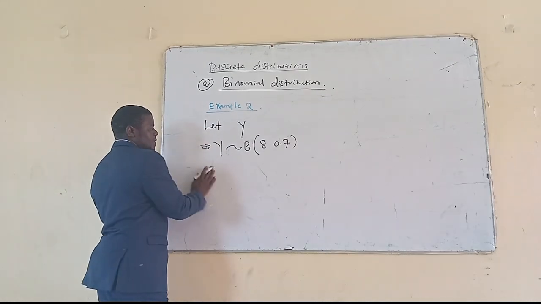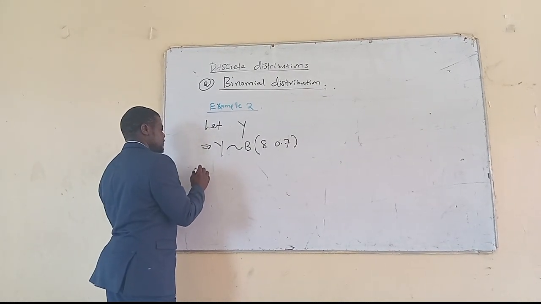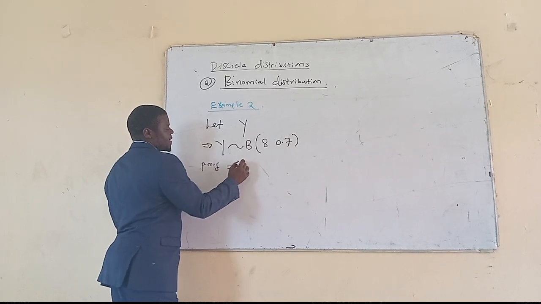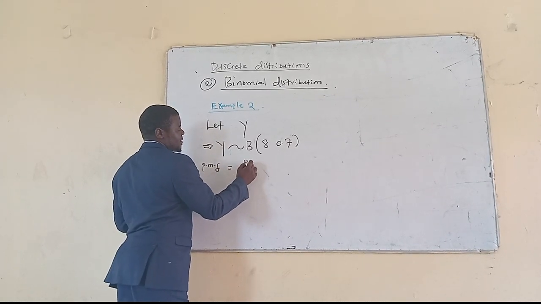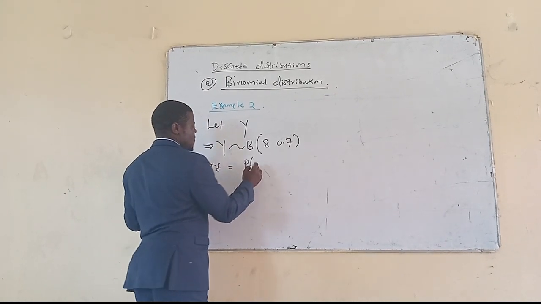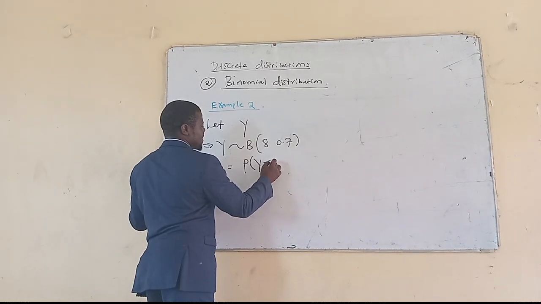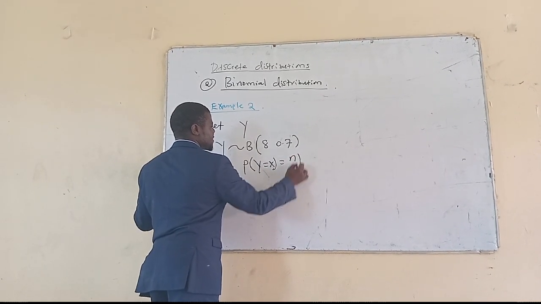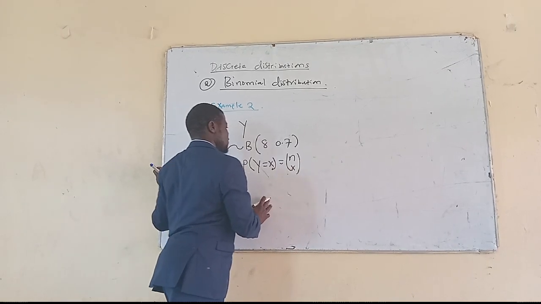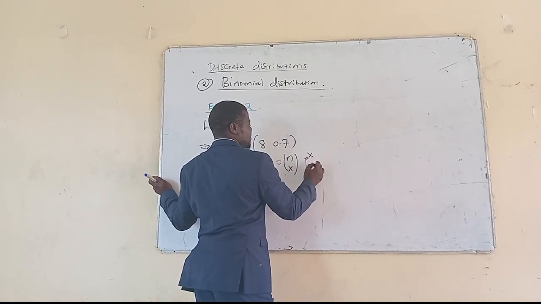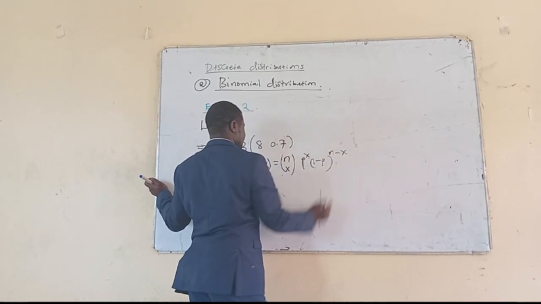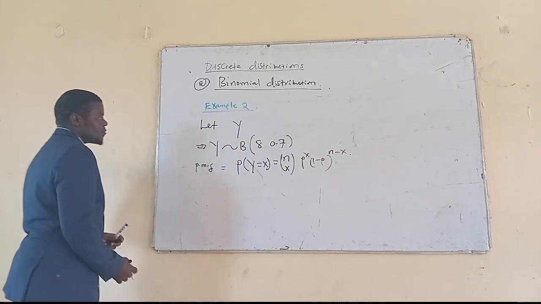The PMF is given by P(y = x) equal to n combination x, p raised to power x, 1 minus p raised to power n minus x. But what are the events?